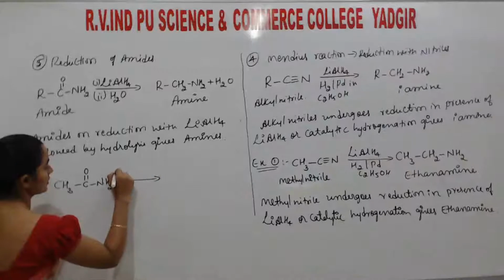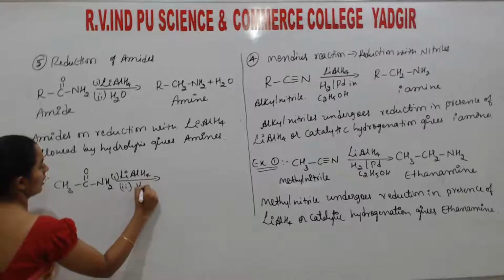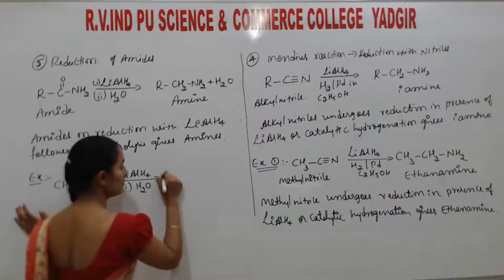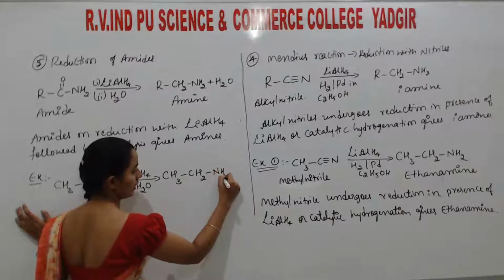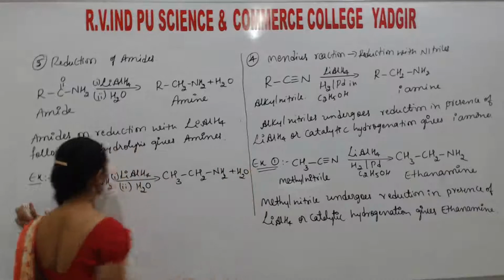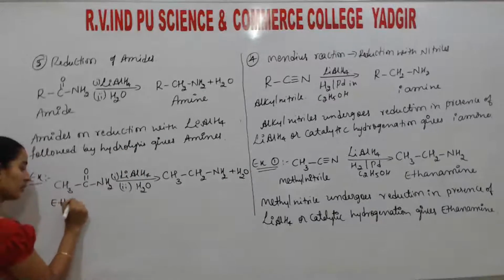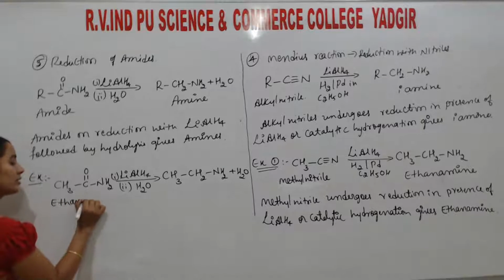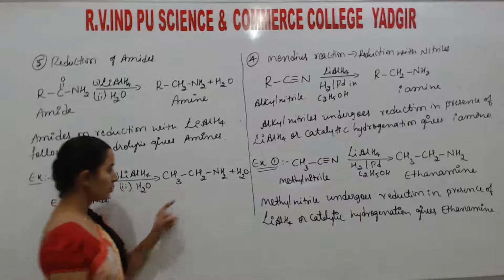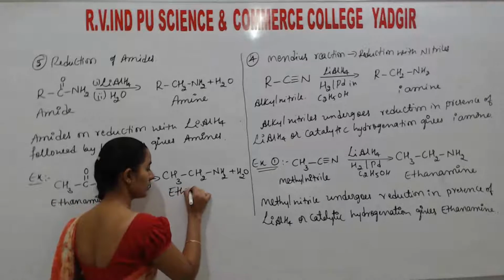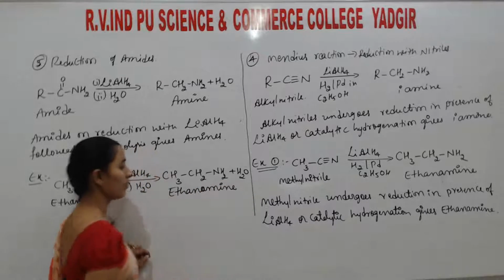So first is reduction with lithium aluminum hydride, the second is hydrolysis, and they form CH3-CH2-NH2 plus H2. There are 2 carbon atoms, that is ethane, last replaced by amide group, ethanamide. Here 2 carbon atoms, that is ethane, last replaced by amine, that is ethanamine.